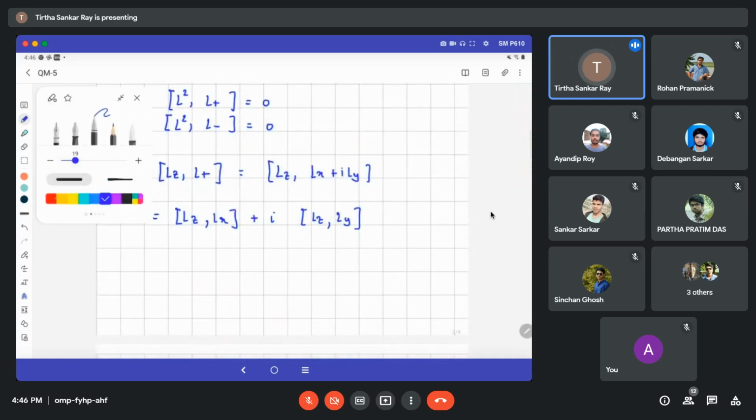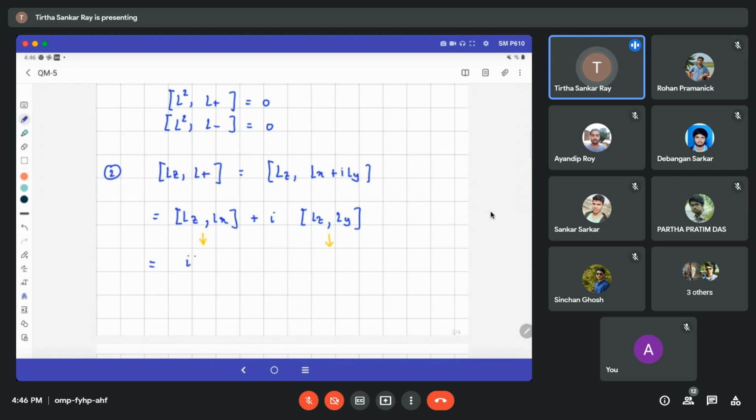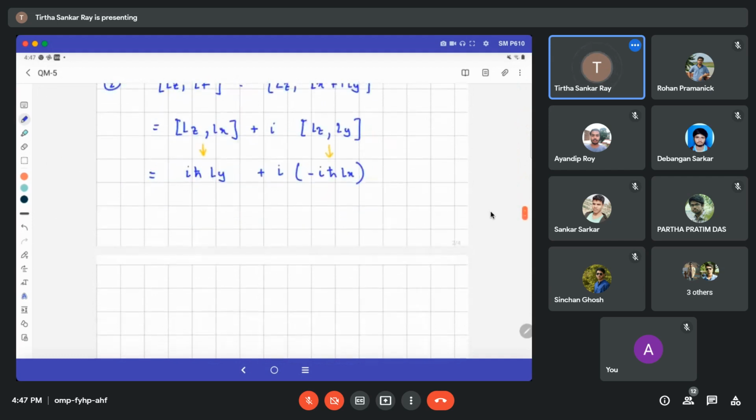For example, this object becomes I h cross Ly, and then you have a plus I term, but then this object over here becomes minus I h cross Lx. Okay, I hope you agree with what is being written over here.